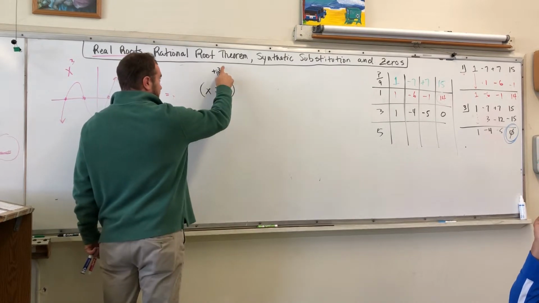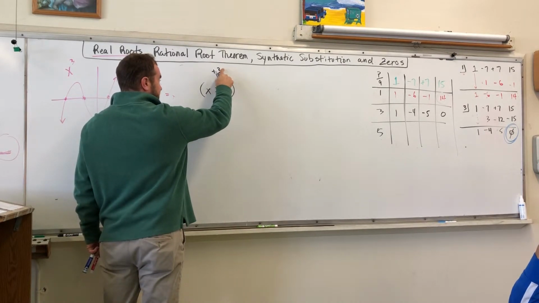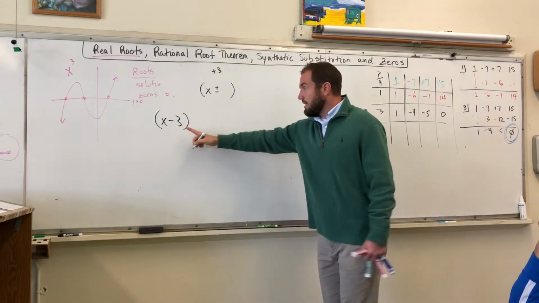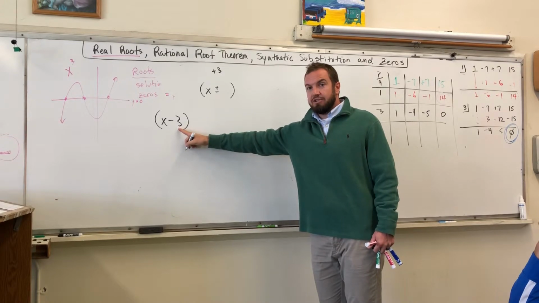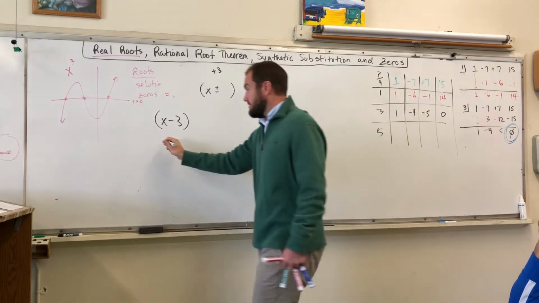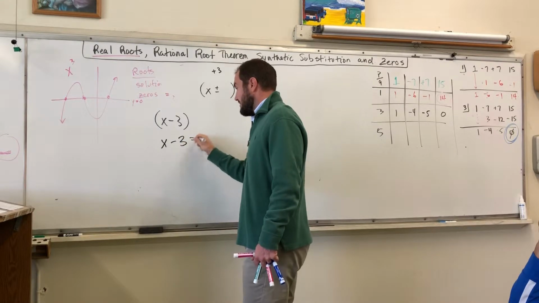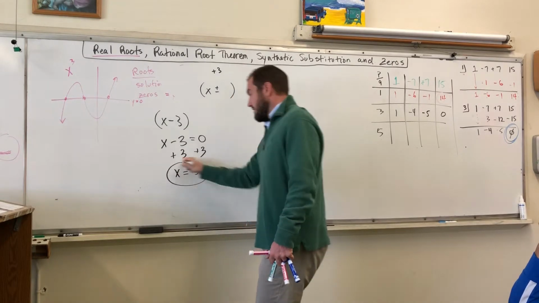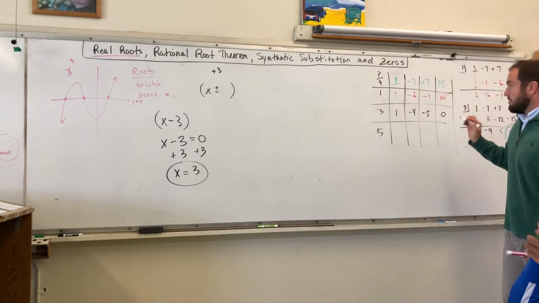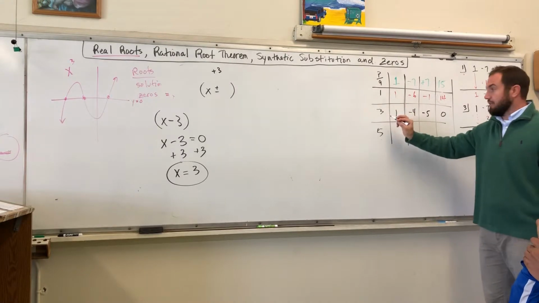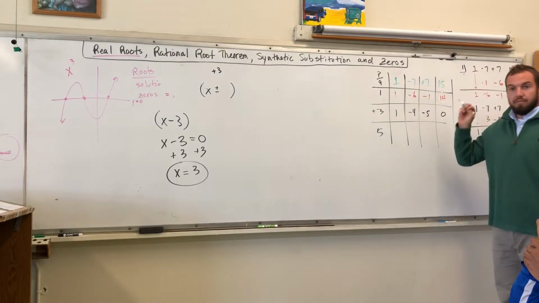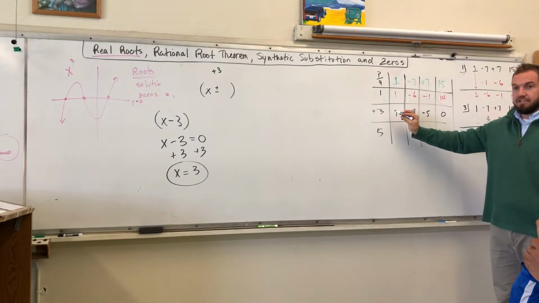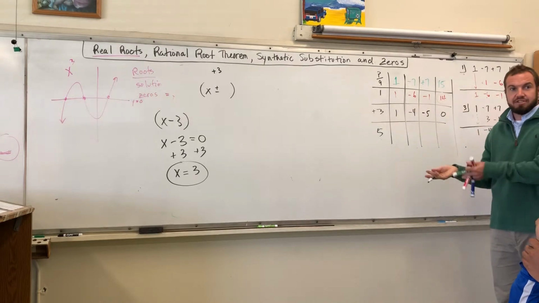If I want this to be a positive 3, I would have to make it x minus 3, because when I set x minus 3 equal to 0 and add 3 to both sides, x is equal to what? So when you have a factor that's a positive number, like here's a positive 3, all the time, when you put it in parentheses, it's going to be represented as x minus that number.